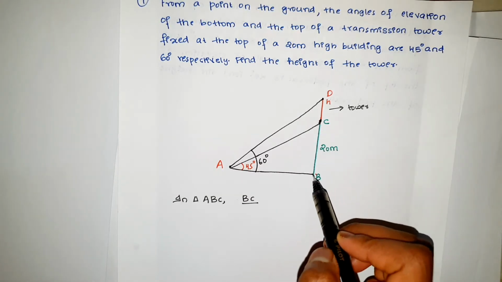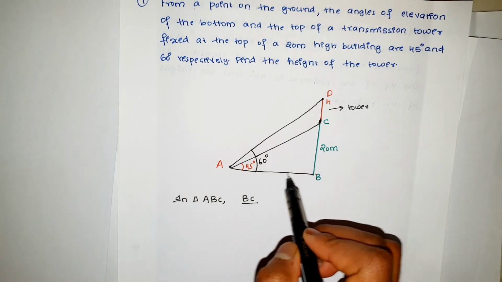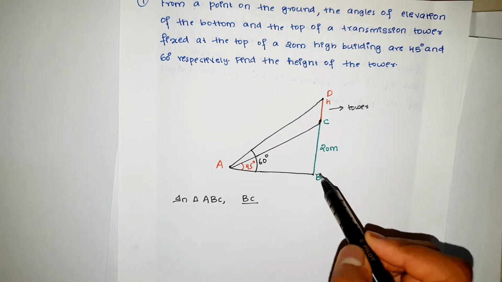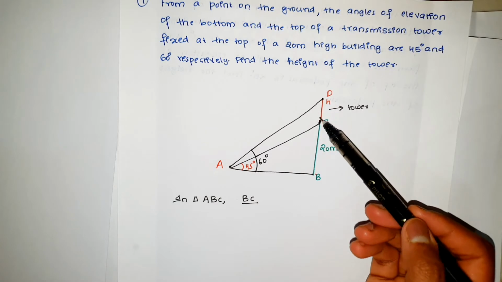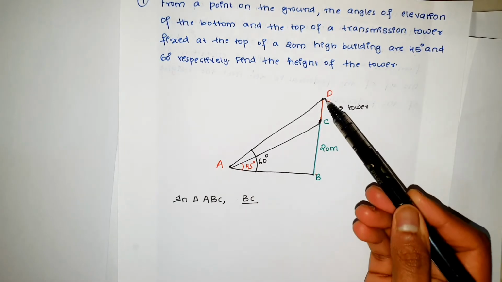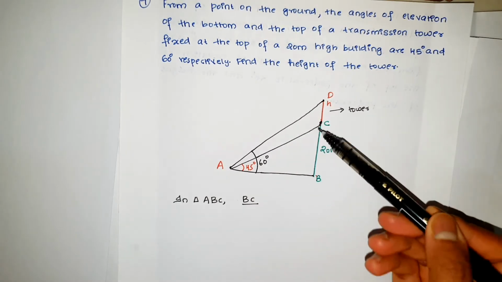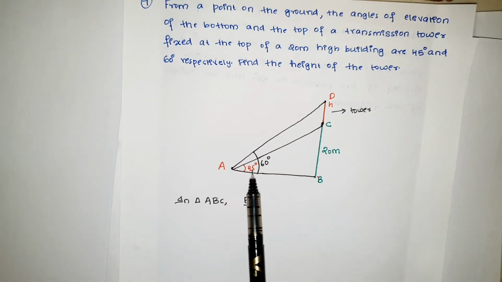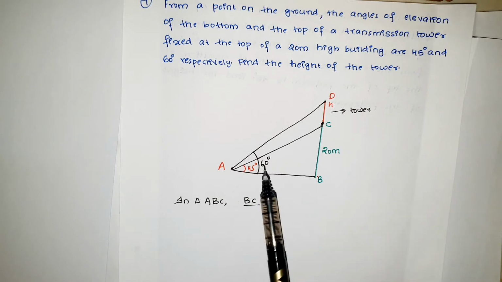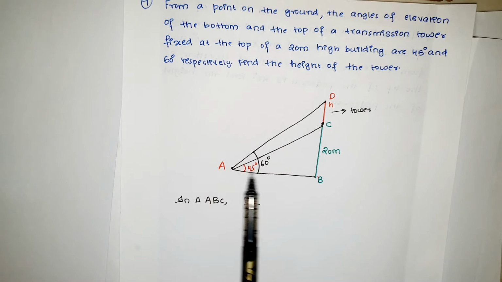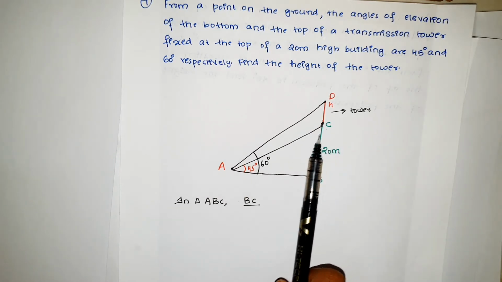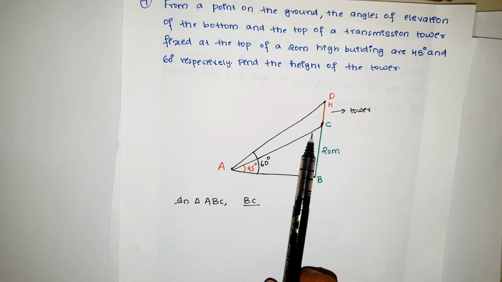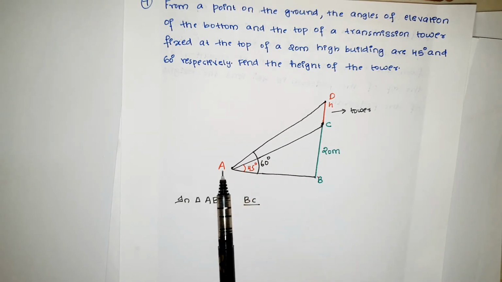BC is given. So BC by the base, because we are taking the triangle ABD and this triangle ABC has a common base. So if I find the base, this will be useful for the second triangle, which I am taking as ABD. Here we have the measurement only for BC, in triangle ABC.